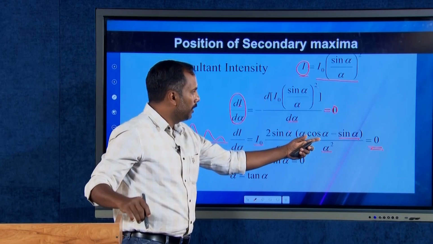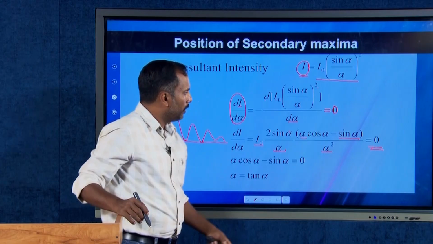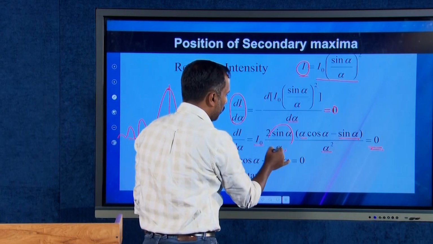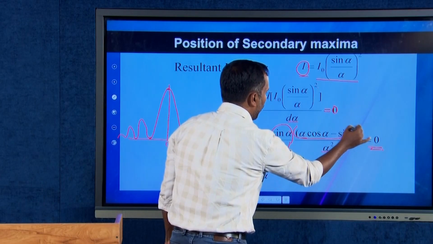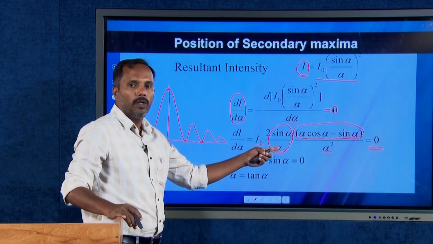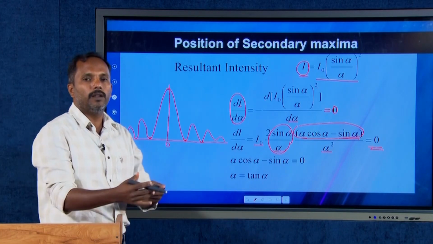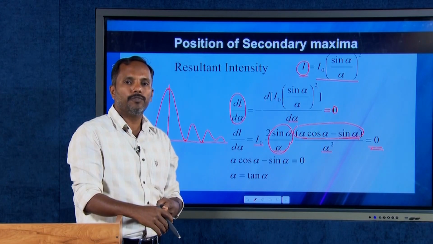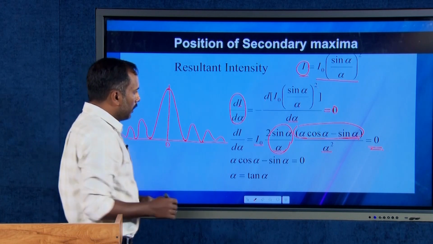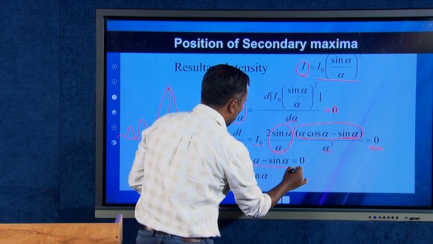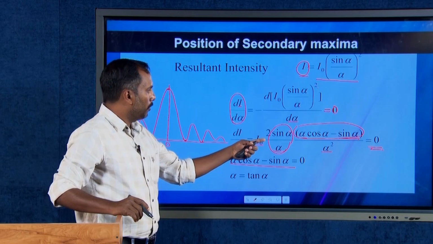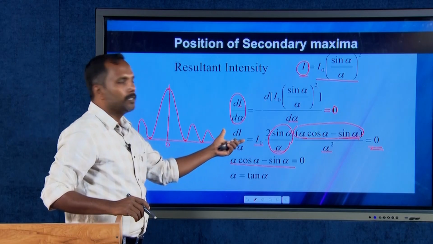If this condition is satisfied, then either this term or the term inside the bracket shall be 0. If sin alpha divided by alpha is equal to 0, that will obviously lead to the condition of the formation of the secondary minima. Therefore, the term alpha cos alpha minus sin alpha shall be 0 to satisfy this particular equation.